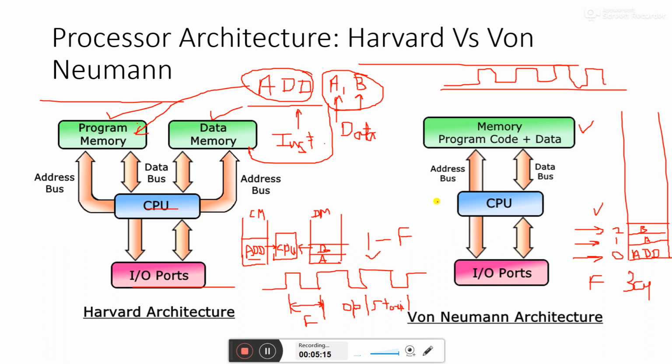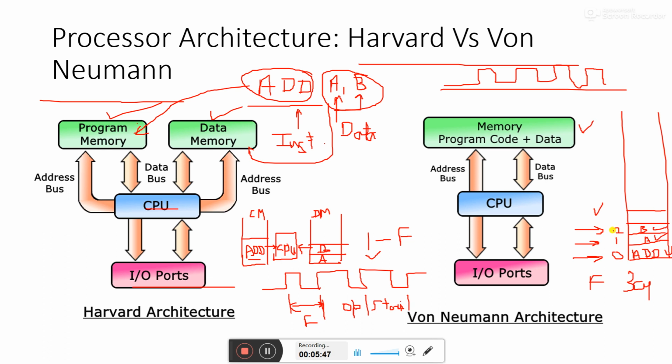So the speed of Harvard architecture is more than that of the Von Neumann architecture. Likewise it works: it will first fetch the add, then A, then B, then the operation cycle will be there, and then it will store the result in the A location, right? So the number of cycles in a Von Neumann architecture is more than in the Harvard architecture.